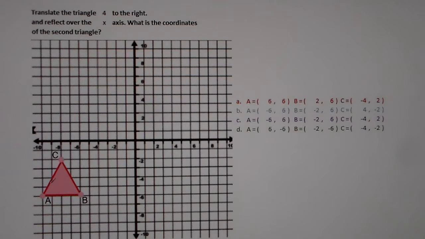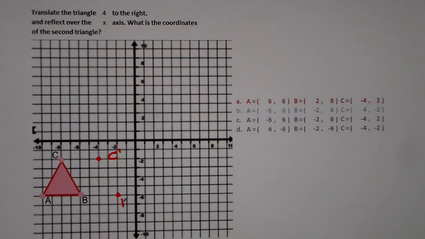So this pink triangle here, A, B, C. We're going to translate this triangle 4 to the right. All that means is that we're going to take each one of these coordinates and move them 4 to the right. So C is 1, 2, 3, 4. This red dot is my C prime. Let's move B to the right 4. 1, 2, 3, 4.